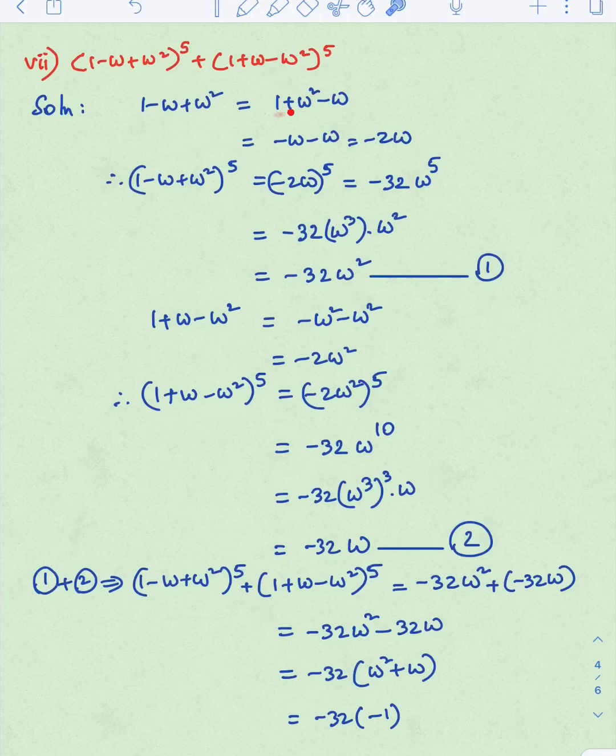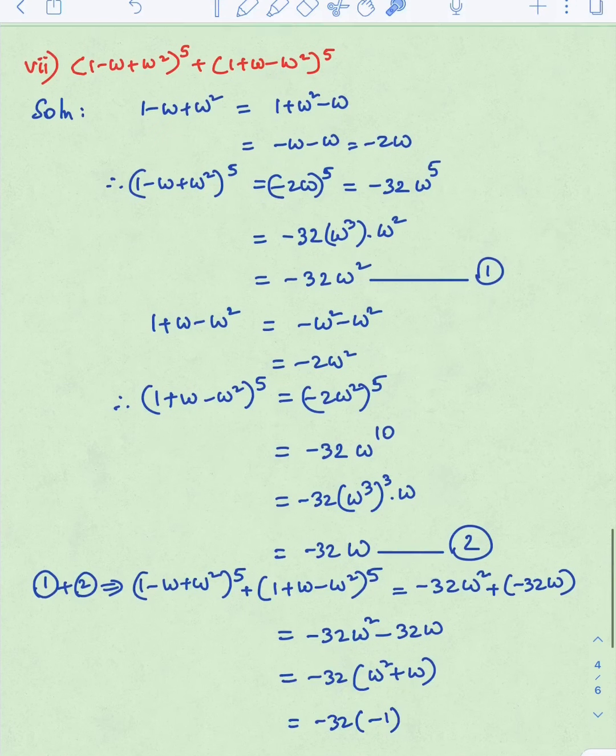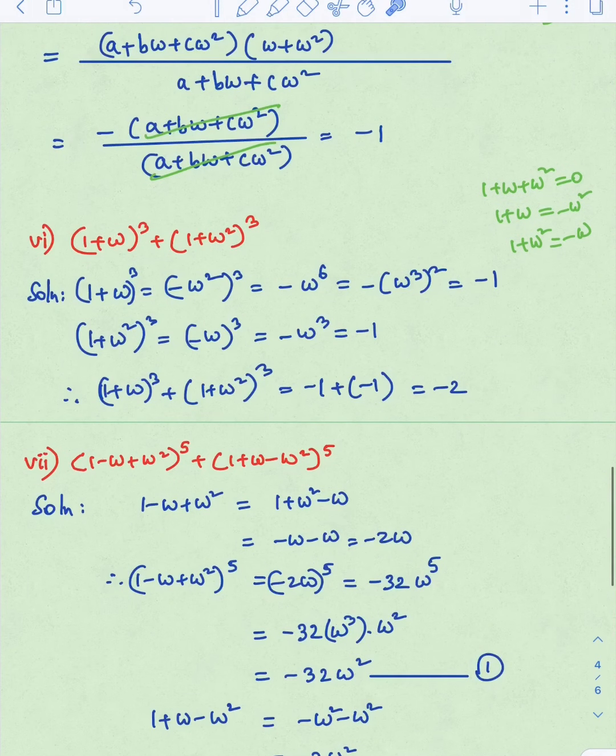So 1 plus omega square minus omega. Now this 1 plus omega square is replaced by minus omega. Why? See, 1 plus omega square is how much? Minus omega. That came here. In place of this, you are going to take minus omega. Okay. Now add these. You get minus 2 omega.